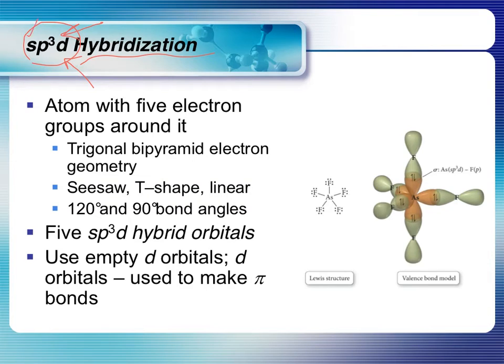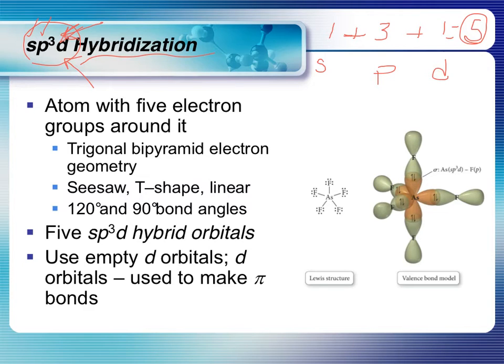The s makes one orbital. There are three p orbitals, so we have one s orbital, we have three p orbitals, and in this one we have one d orbital. So we have a total of 5 orbitals the hybrids are made from, so they will make 5 hybrid orbitals.